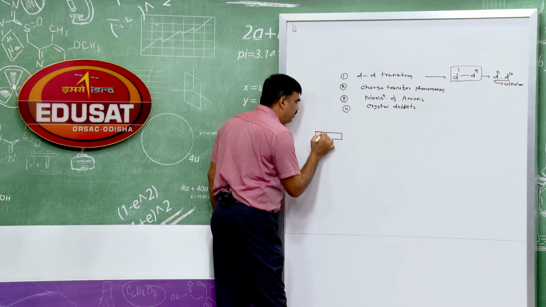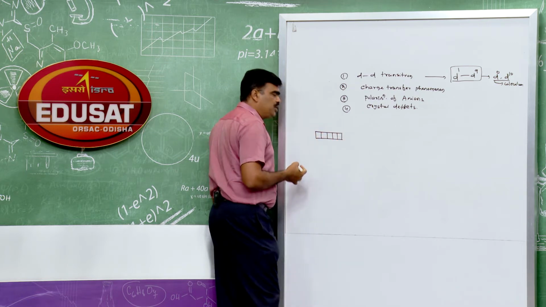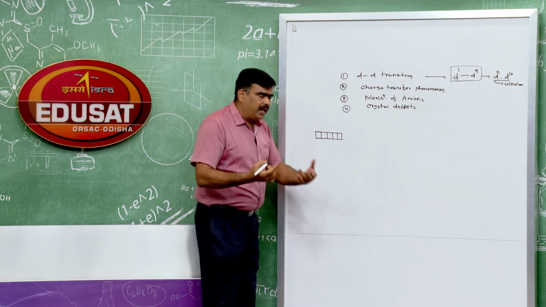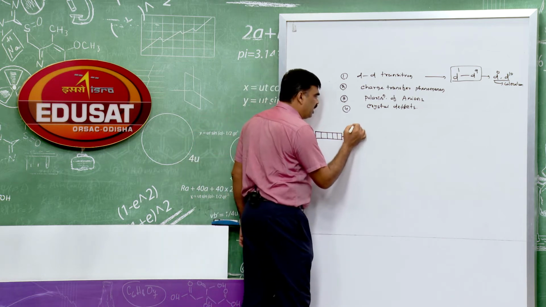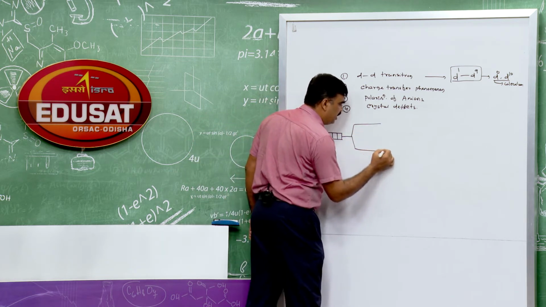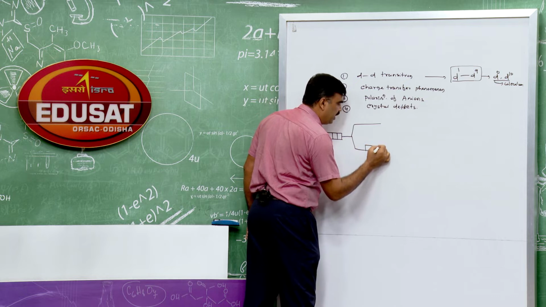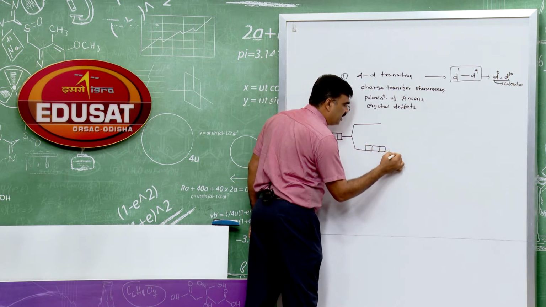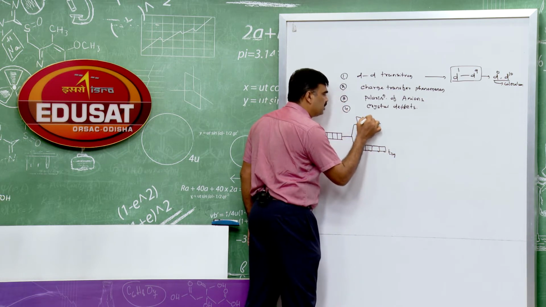You have 5d orbitals which are degenerate. When they form a complex, the d orbital splits into two sets. One is called the t2g set, another is called the eg set.